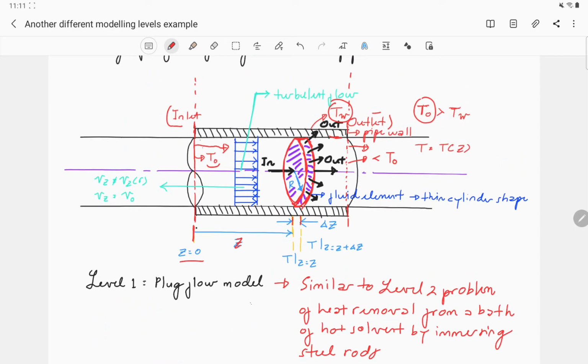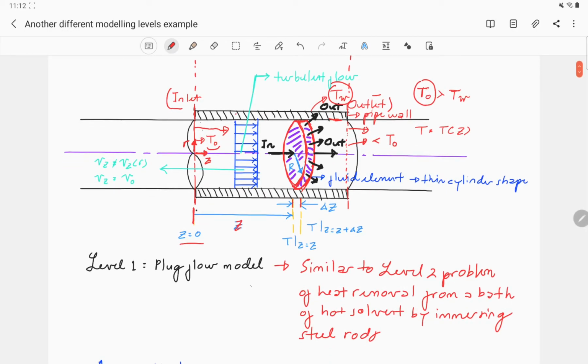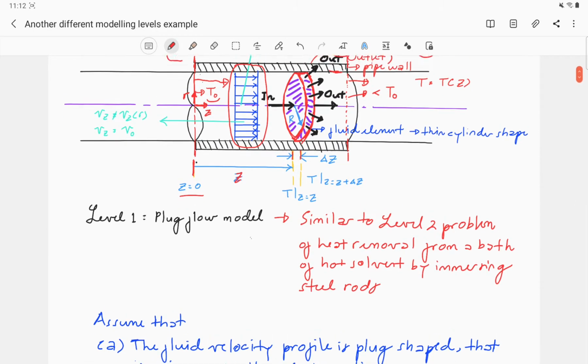We have two different coordinates in this system: the first is the Z direction, and the other is the radial direction denoted by R. If we take the simplest case, the velocity profile is the same at all radii, meaning that the velocity does not depend on the radial direction.